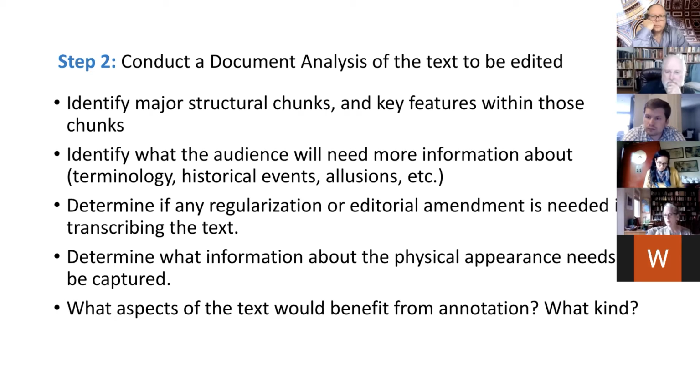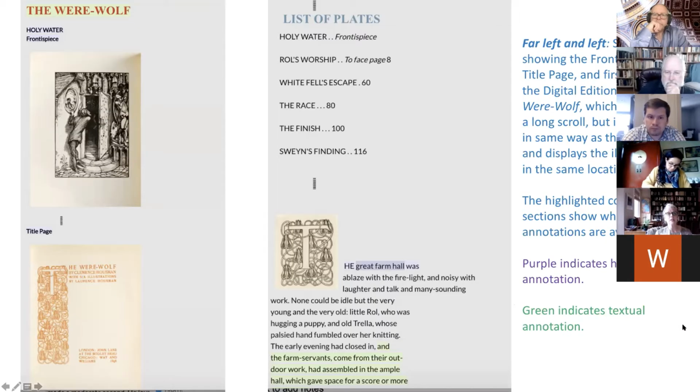And each one of them was also responsible for one image, either one by Lawrence Houseman or one by Everard Hopkins. So as a result of this document analysis, we decided that it was crucial that the images by Lawrence Houseman should appear in the text at the same place on the screen as they did in the page of the book.